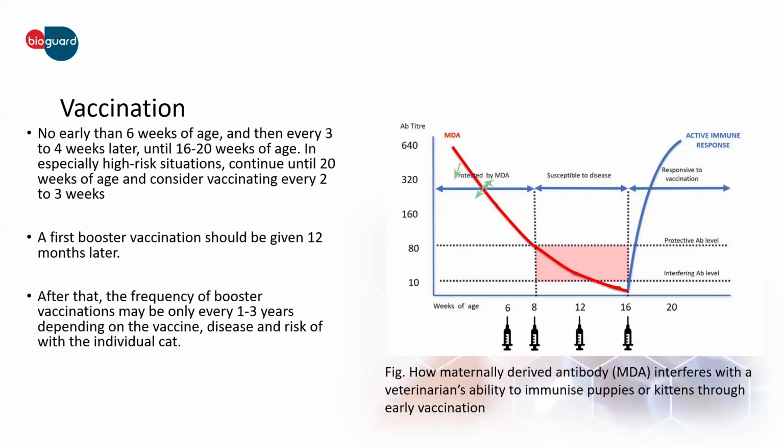Here, we use FPV as the example. If we give the vaccine when kittens are younger than 6 weeks of age, at that time the maternal antibody is still high. By the way, the blue line here is the protection level of the antibody.